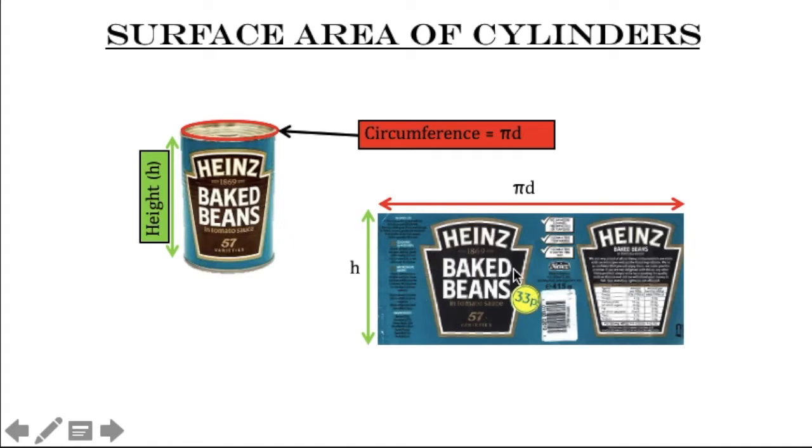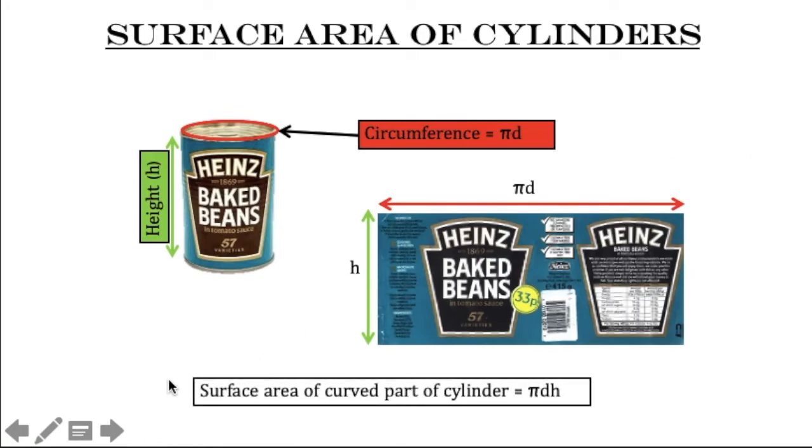We can calculate the area of this rectangular shape, which is now our label. We know that pi times diameter, the circumference, becomes our length, and then you multiply that by the height, which means the area of this label is pi dh.